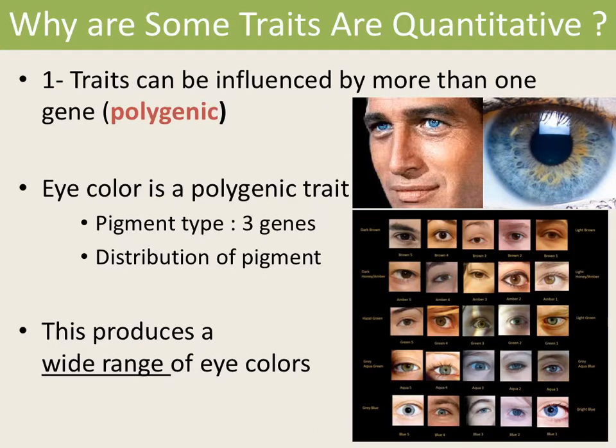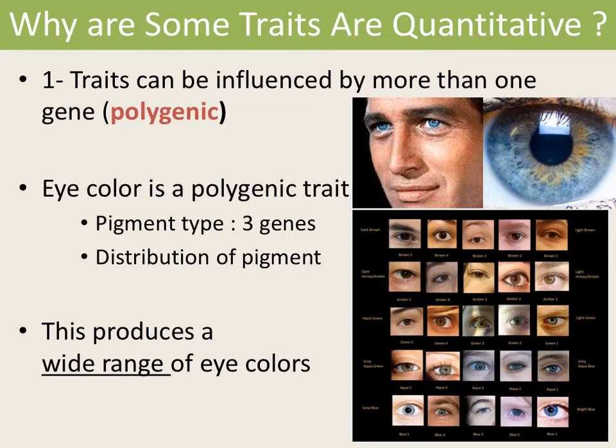Now, it turns out eye color, I've been kind of treating it as a monogenic, but it's not. There are 3 genes that actually affect eye color. And with these 3 colors, it's basically dark brown, I'm not sure what the other one is, anyway, there's 3 of them.